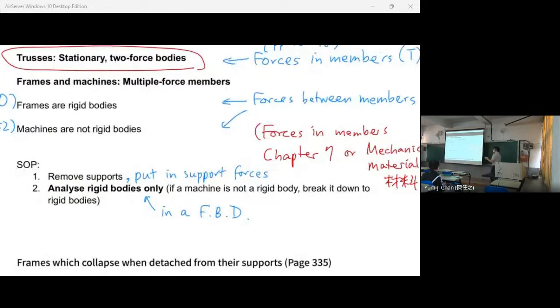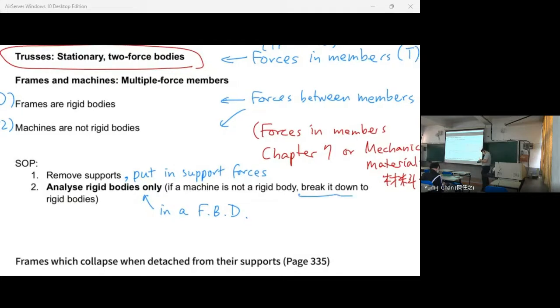If it is not a rigid body, break it down into rigid bodies. So if you see the structure is not a rigid body, let's break it down into rigid bodies. Now let me give you an example here.